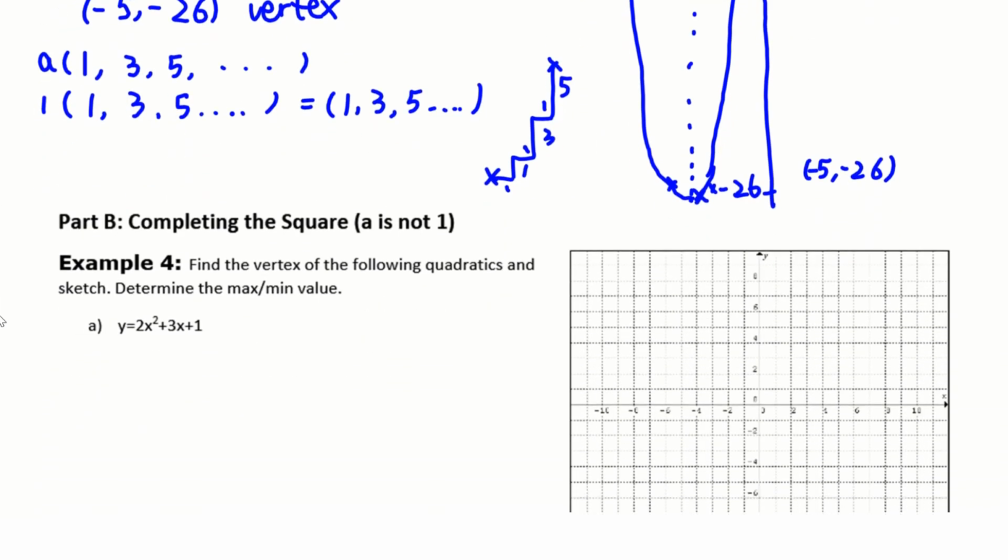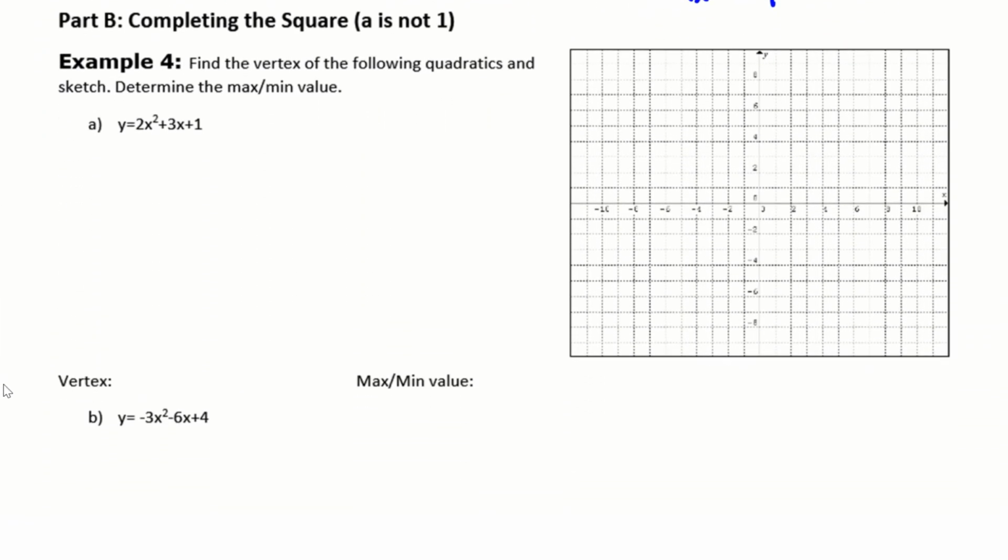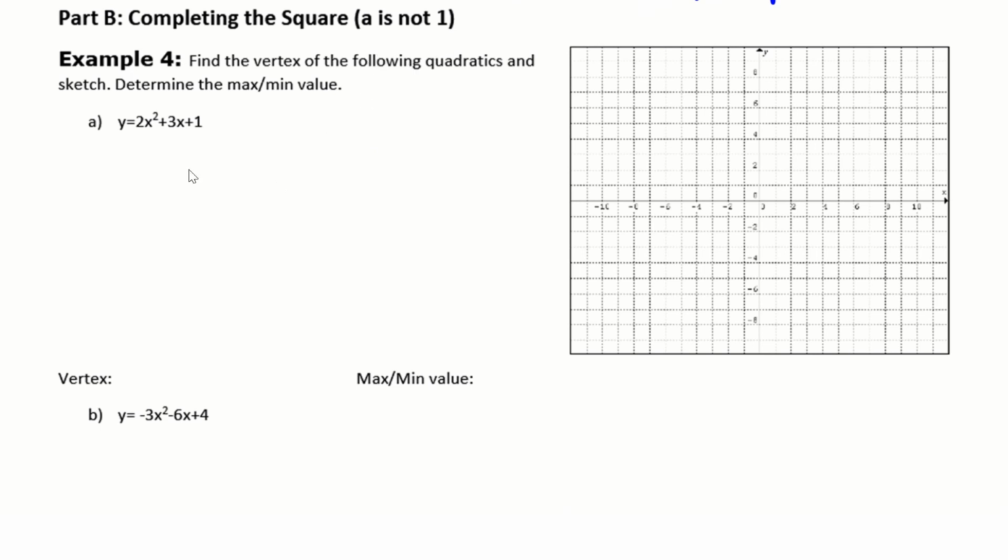And part B, we are going to see if the a value is not 1, then how are we going to convert it to vertex form? And this question asks you to determine the maximum and minimum value. So if you are looking for the maximum or minimum, then if we could find the vertex, then you are able to find the maximum or minimum.